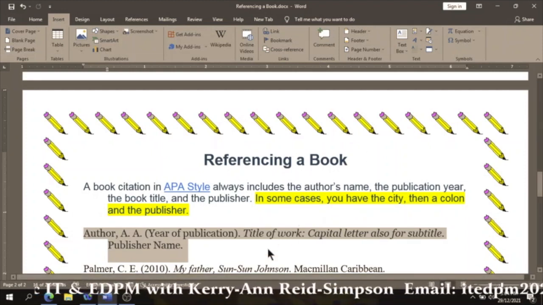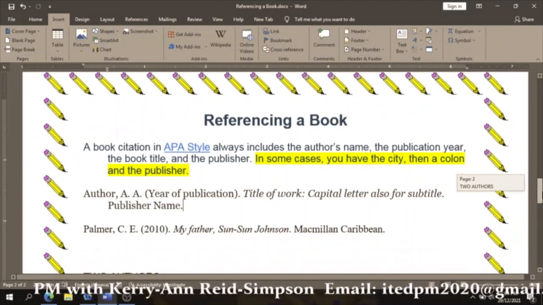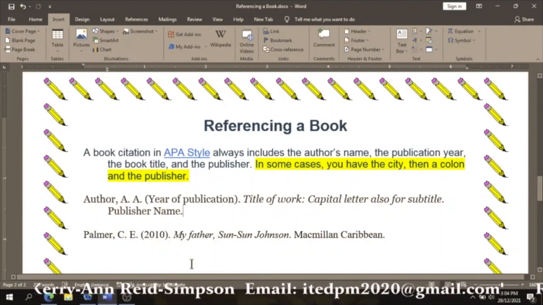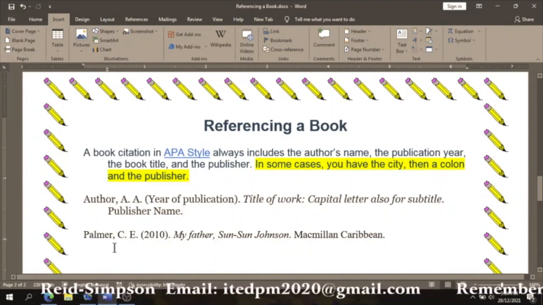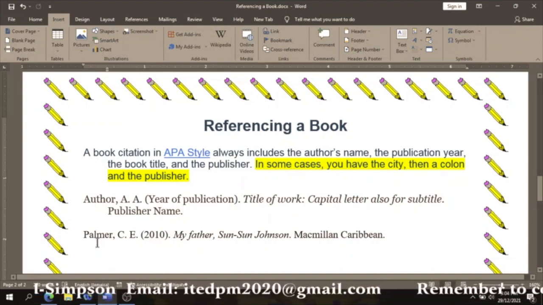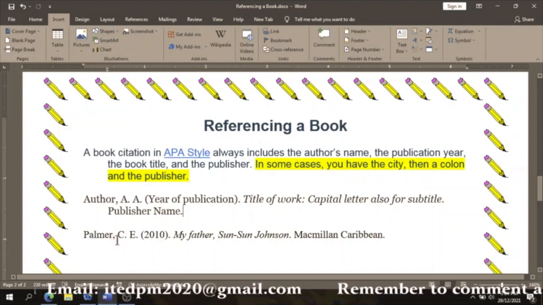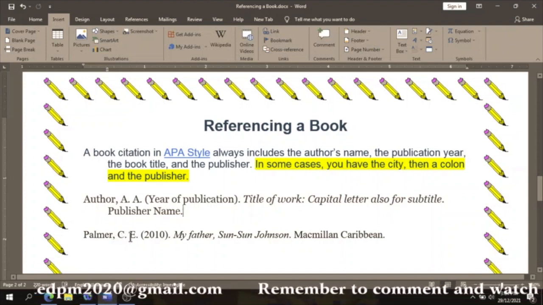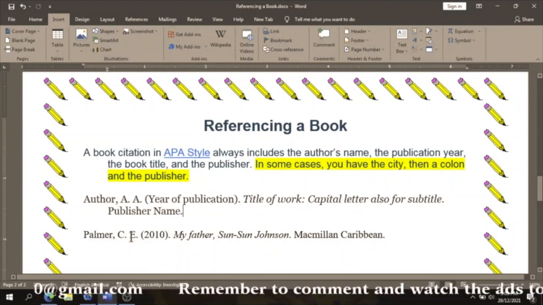So the example of the book that I am referencing, which is My Father's Son, you will notice that I have Palmer. Remember, the author is C. Everard Palmer. So you'll notice I have Palmer, which is the last name, followed by a comma, then a space, and the first and middle name initials of his name.